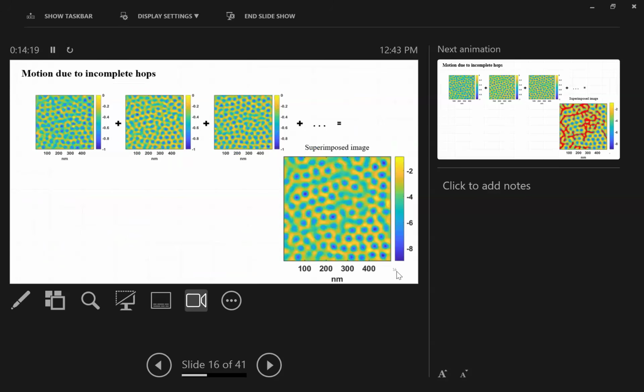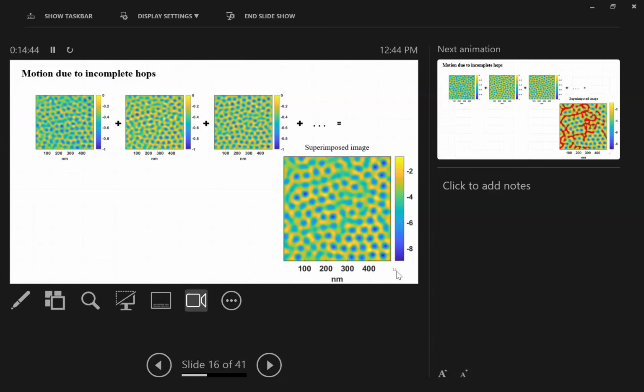And to find the motion due to incomplete hop, we take all these images again and we just sum these images. Now, when I sum these images, you can see these streaks. This is along which the vortices are moving due to these incomplete hops. Yeah. May I ask, if you take one of the pictures, not the average one, if you sum up all the vortices, do you have a conservation of number?